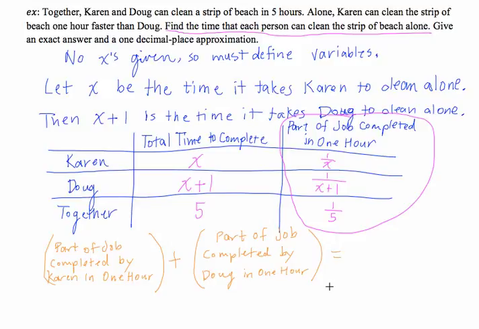Now let's think about it. If you add together the part of the job completed by Karen in 1 hour plus the part of the job completed by Doug in 1 hour, then you'll have the part of the job completed by both of them working together in 1 hour.